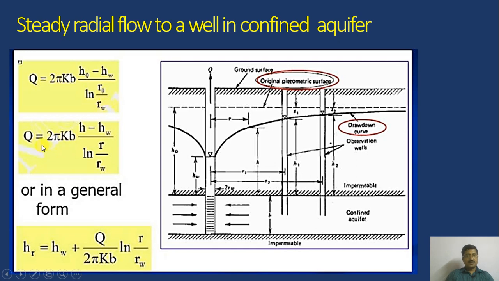It becomes Q is equal to 2 pi kB into H minus HW divided by log natural R divided by rw, and its general form is H at r is equal to HW plus Q divided by 2 pi K B into log natural R divided by rw.